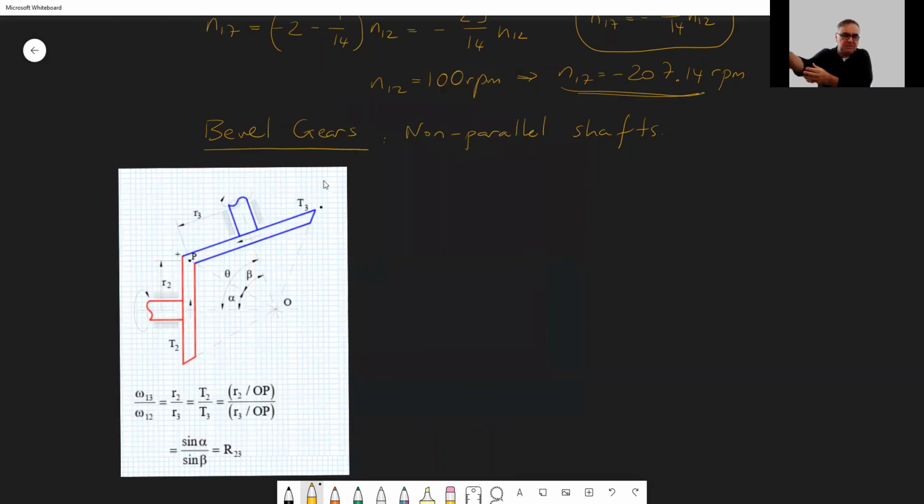so the shafts are non-parallel. You can use the bevel gears. Actually, the equations are very similar. Only thing is the directions that you use are a little bit confusing here.